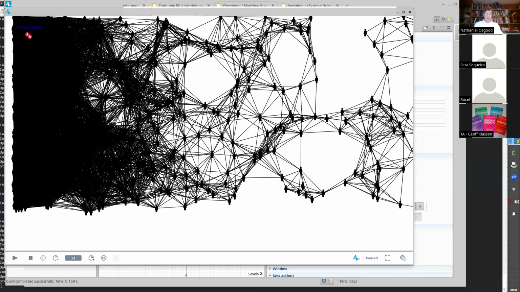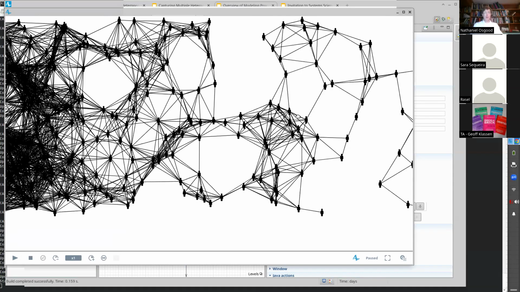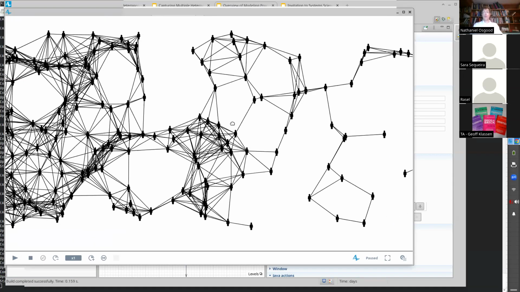Now, these networks capture topology. They capture who is connected with whom. I would note that this network exhibits a non-uniform connectedness.